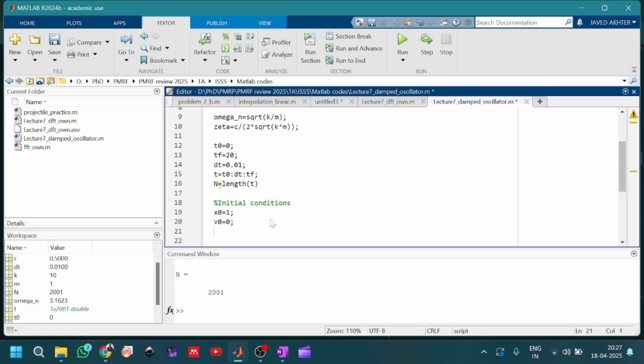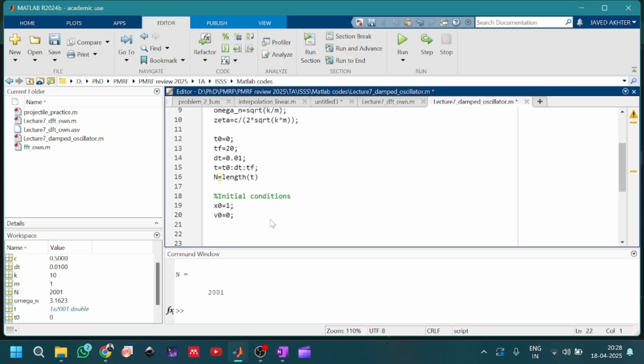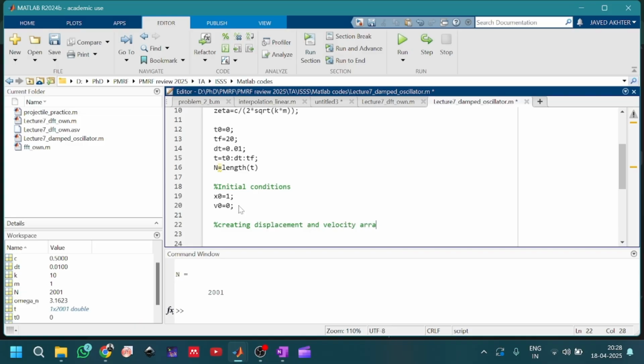So we will define an array. Now what do you have to do? You have to store the values of position and velocity. So we have to create an array. So let us create the displacement and velocity array.